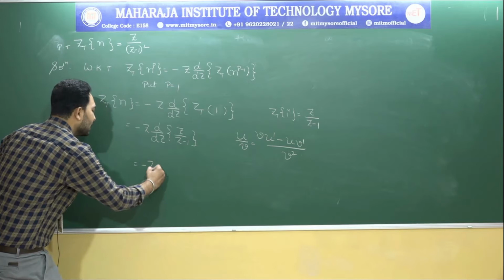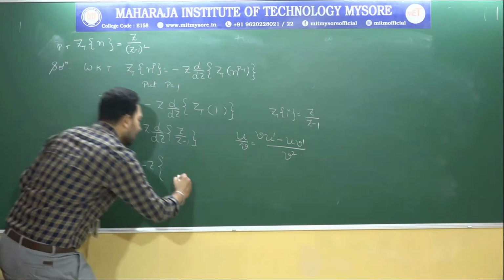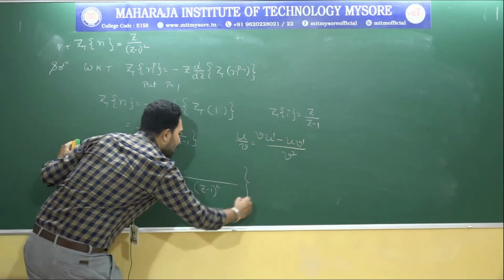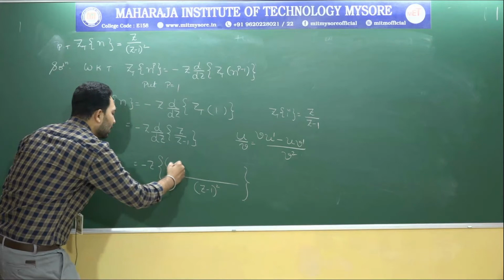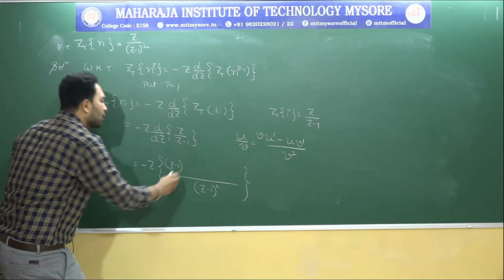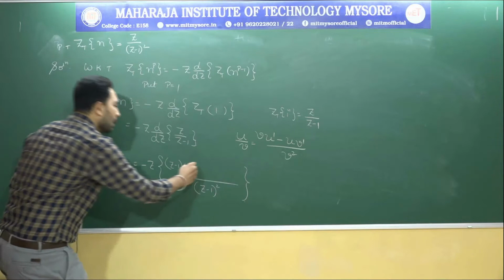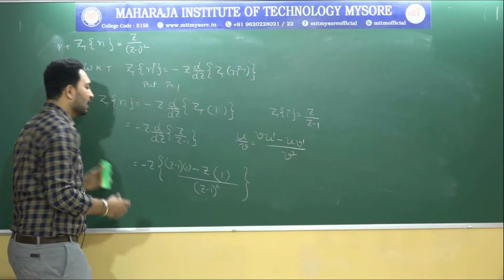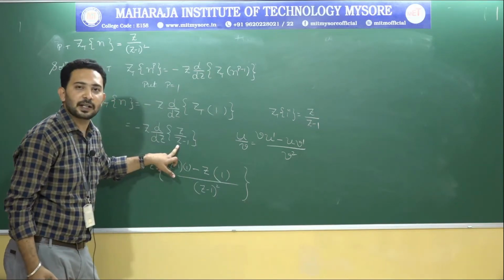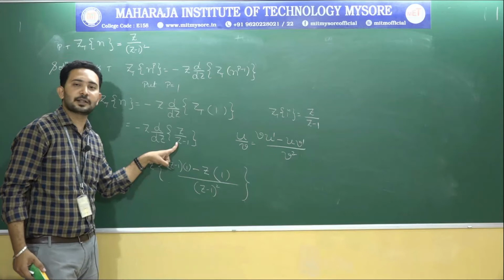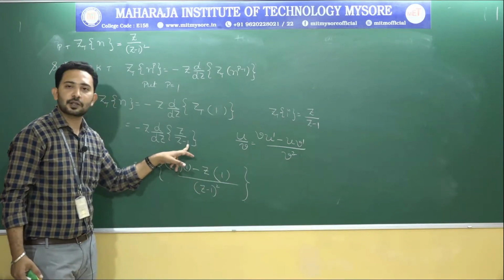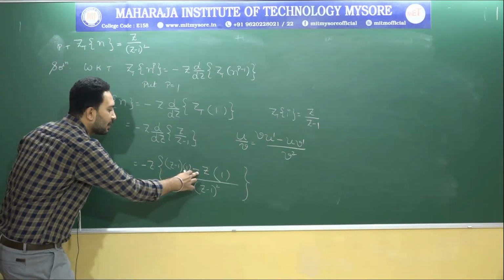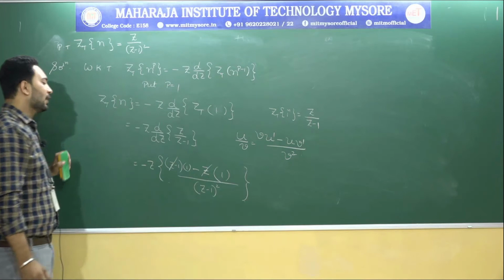We'll get minus z into, denominator square, that is z minus 1 whole square. Next, denominator z minus 1 into differentiation of numerator, that is 1, minus numerator z into differentiation of denominator. Differentiation of z minus 1 is 1 only, and the differentiation of 1 is 0. So here we have plus z and minus z, and these will cancel with each other.